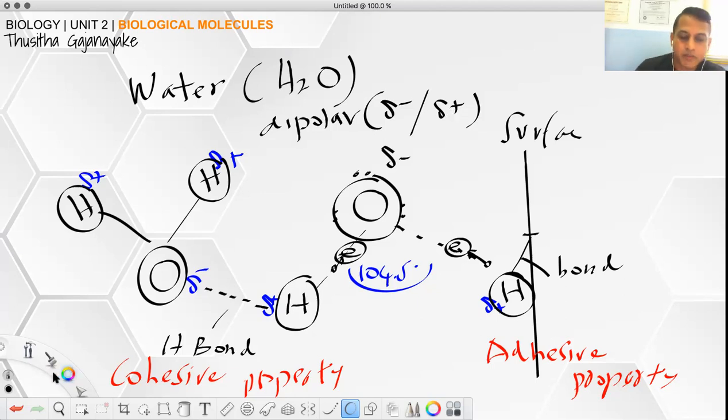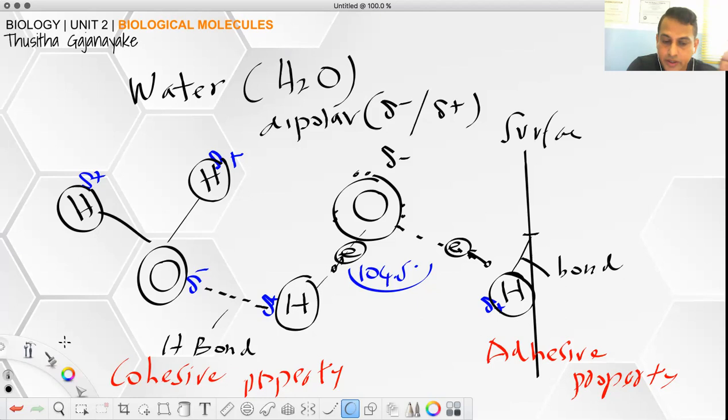Right, then another important point: water accounts for 70% to 80% of living matter, and the cell also consists of 70 to 80% water, and the organism has 70 to 80% water. Being a simple molecule, water gives so many properties for life.